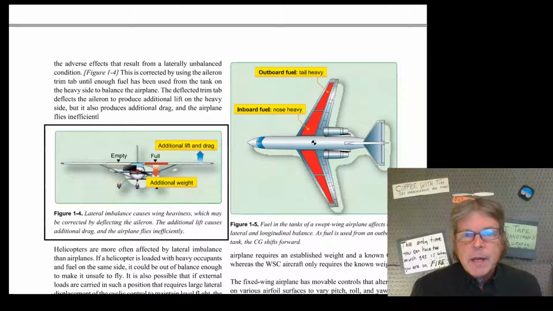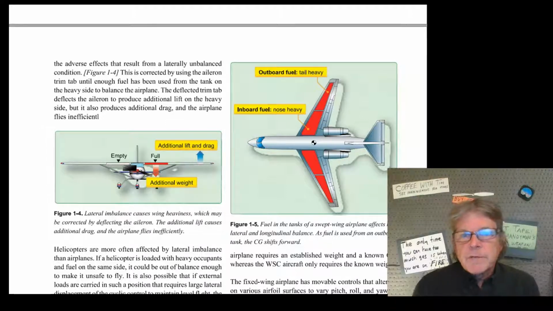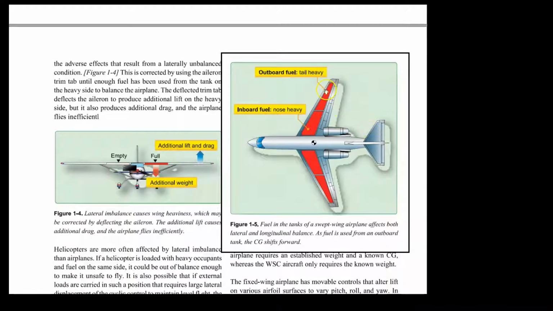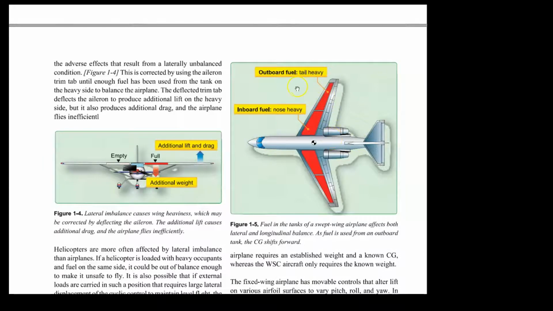Now, Figure 1-5 shows us that in a lot of airplanes, this is a swept wing airplane, the outboard fuel tank is, if you look at this line, here's the CG in the middle. And if you look at this axis, the outboard fuel is back pretty far behind the CG. The inboard fuel is in front of the CG.